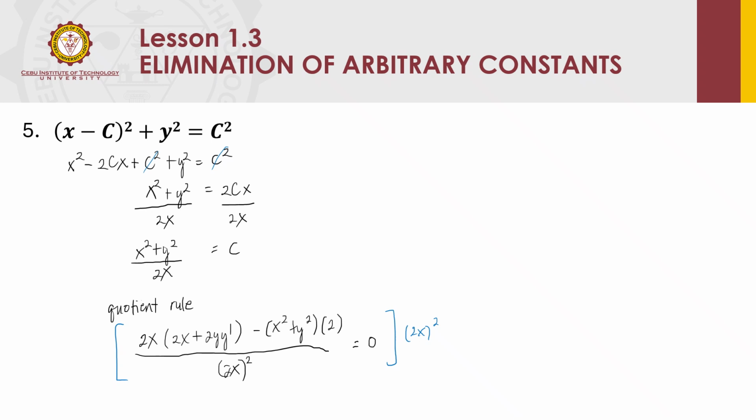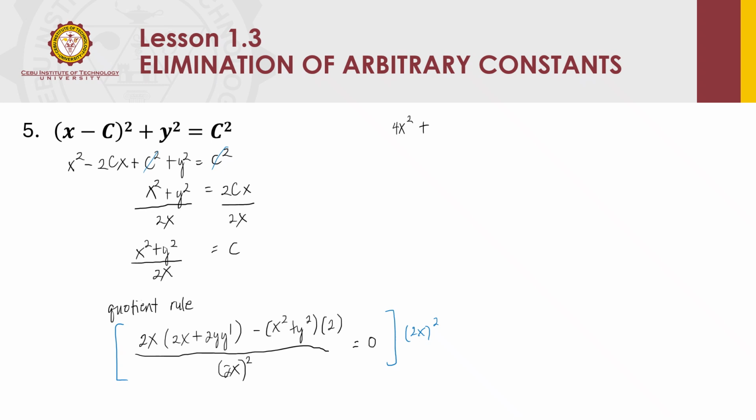We can also arrange the terms, or multiply 2x to 2x plus 2y prime, so 4x squared, so that we can compare our answer with the previous method.